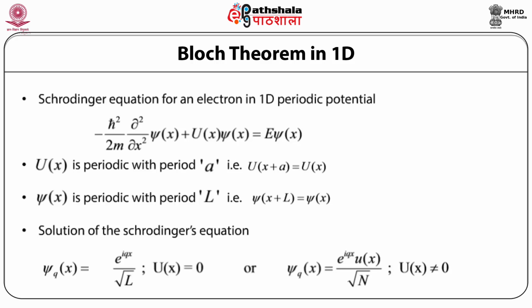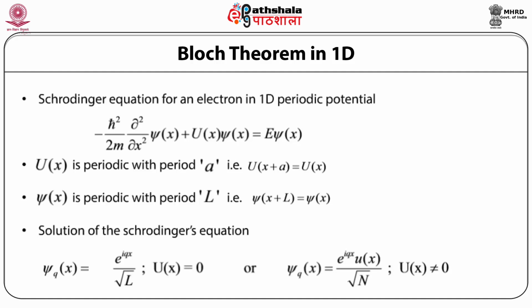If the periodic potential was absent, then U(x) would be 0, and the corresponding solution of the Schrödinger equation would be φ_q(x) = e^{iqx} divided by root L. If you recognize this, this is basically like a traveling wave in the absence of any periodic potential.